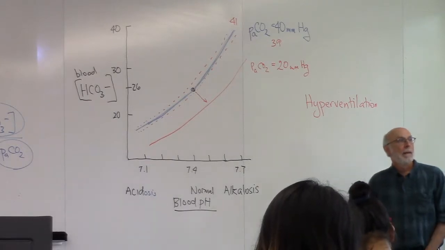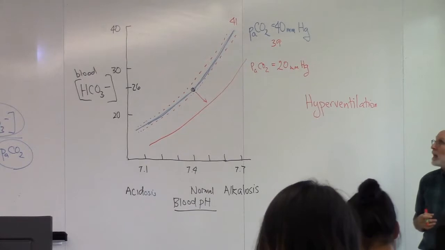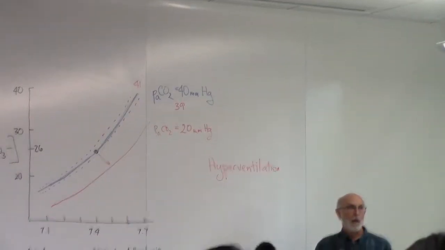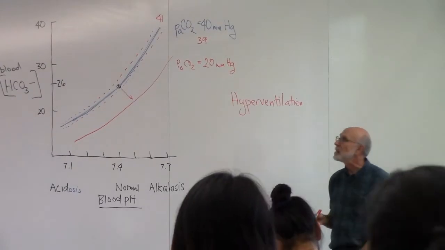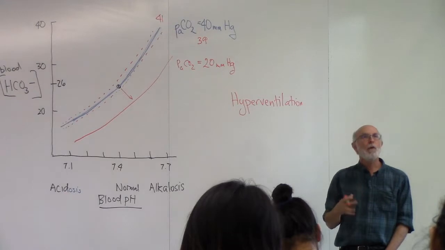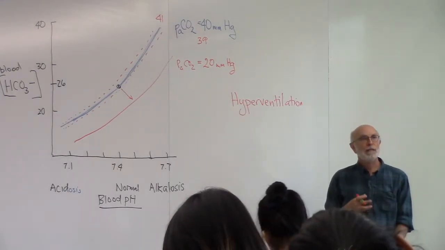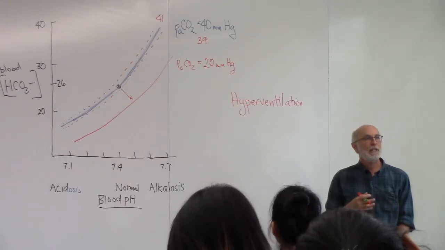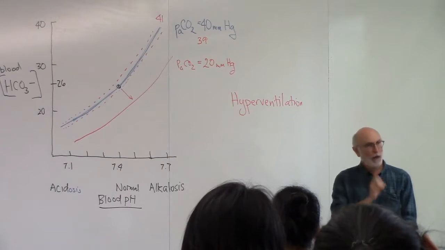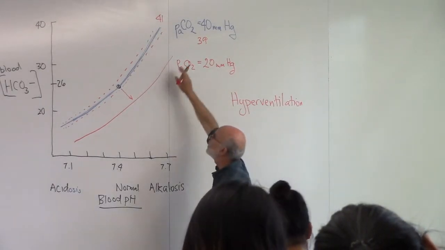Chemoreceptors detect that pH, that high pH, that alkaline pH. The system says, okay, you're hyperventilating. The most important thing that we need to do is make sure that the pH stays in the normal range, very close to pH 7.4. So we're on this new curve.